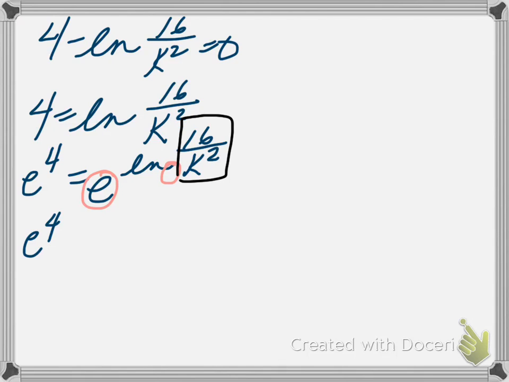So I get 16 over k squared. Okay, and so now I'll put e to the 4th over 1 and cross multiply.